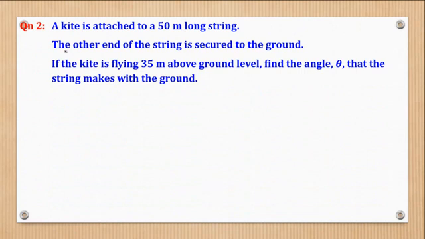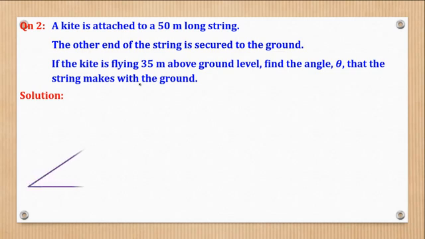Then question 2 says, a kite is attached to a 50-meter long string. The other end of the string is secured to the ground. If the kite is flying 35 meters above the ground level, find the angle theta that the string makes with the ground.